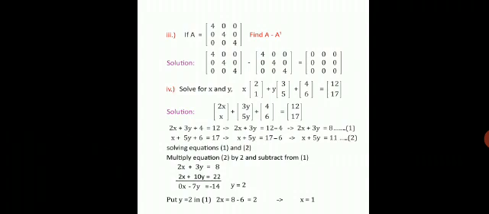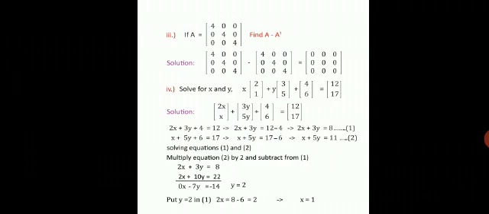Solve for x and y, where x of 2 1 plus y of 3 5 plus 4 6 is equated to 12 17. Here all are column matrices. Now multiply in the first step, multiply x by the first column matrix.